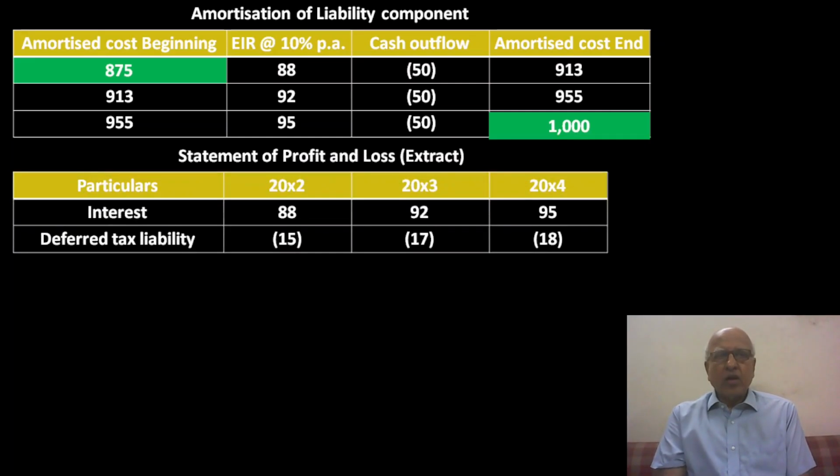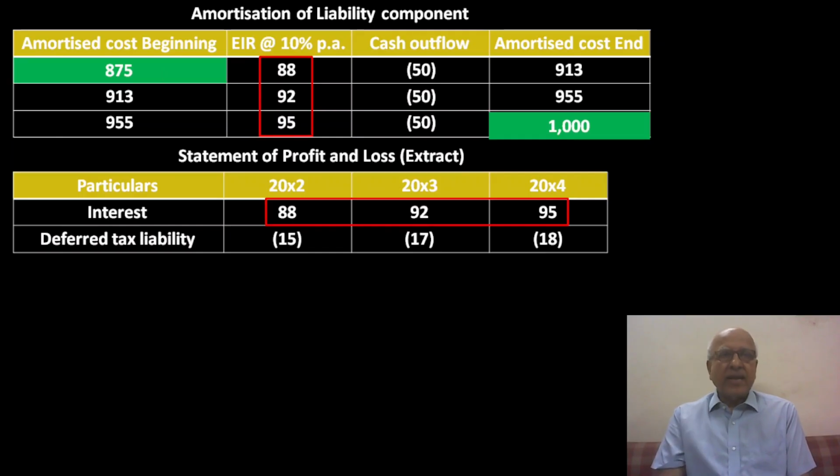Next, statement of profit and loss. When you follow the amortized cost method, first of all, in the profit and loss account, the interest charge is the effective interest. That means we calculate fair value, what the interest should have been, as if there were no conversion feature. You see, this is 88, 92, 95.